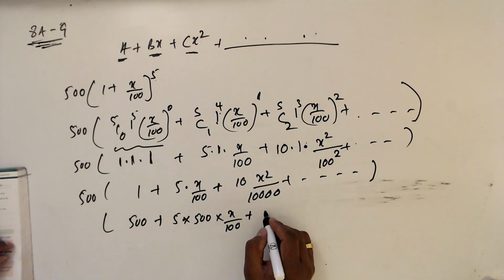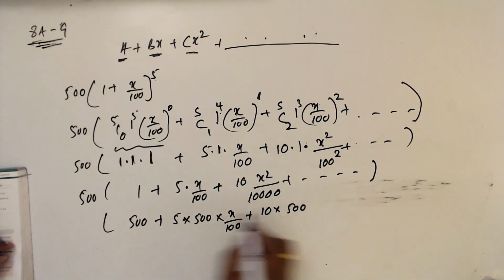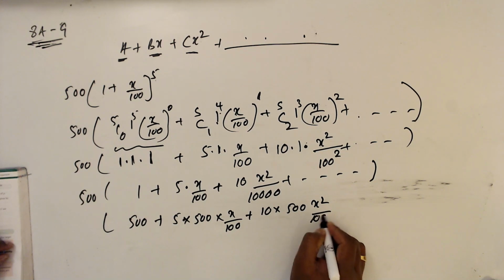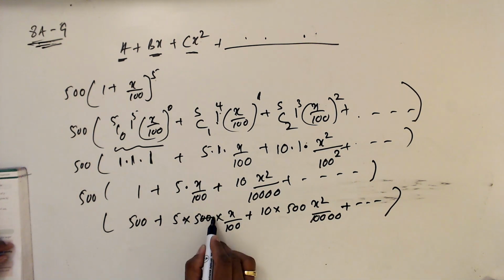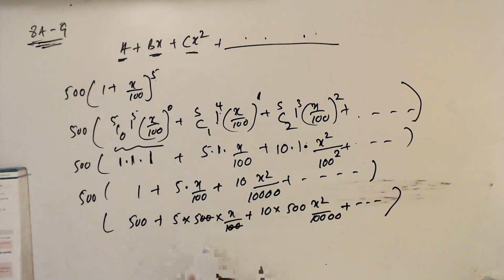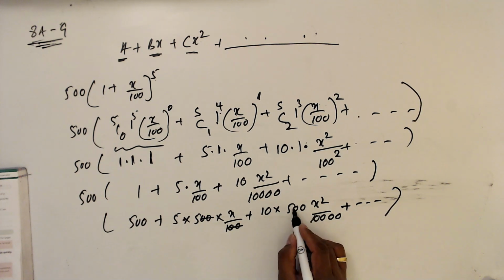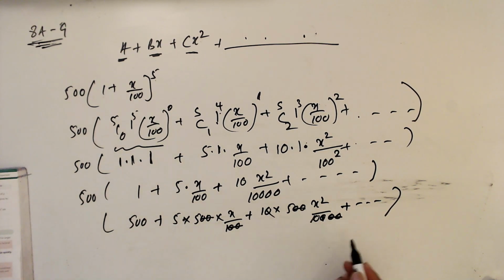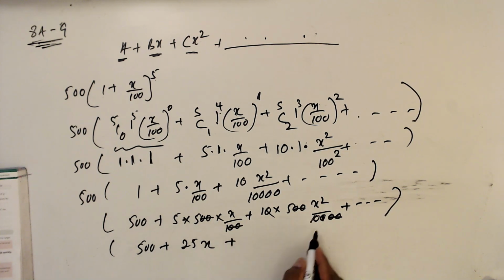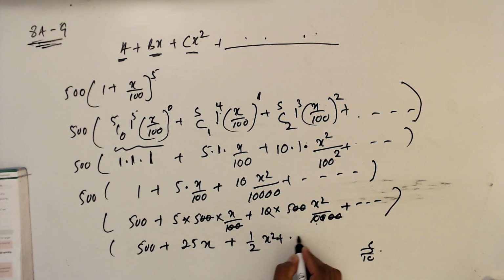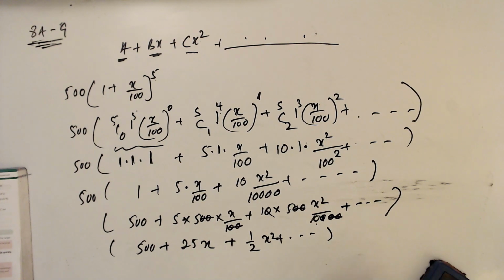Then 10 times 500 times x square over 10,000, plus dot dot. The zeros cancel out. So this is going to be 500 plus 25x plus 5 over 10, which means half, x square plus dot dot.